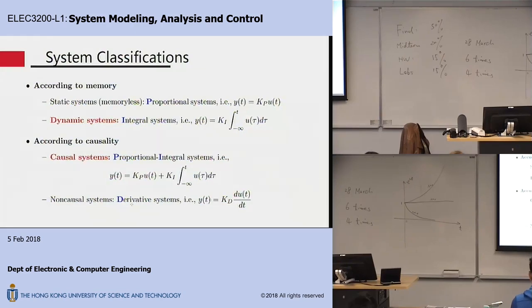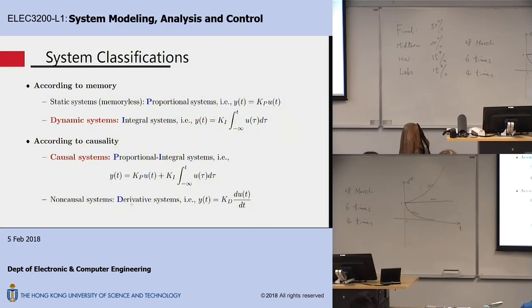This is causal. This is also causal. The memoryless one is simply causal: the current output value depends only on the current input. It doesn't depend on the future, and it doesn't depend on the past. So that's a simple situation, and of course that's called causal. This integration, this is an integral system.